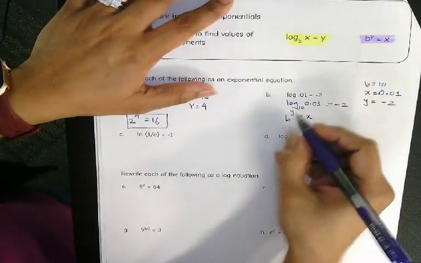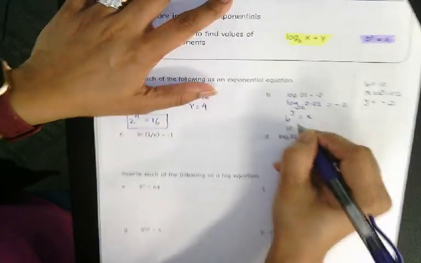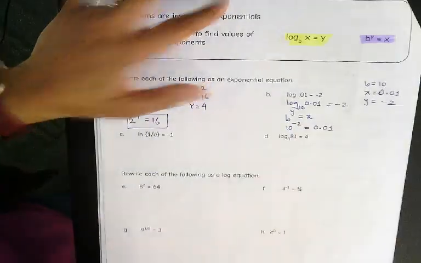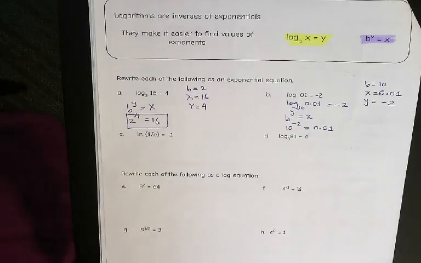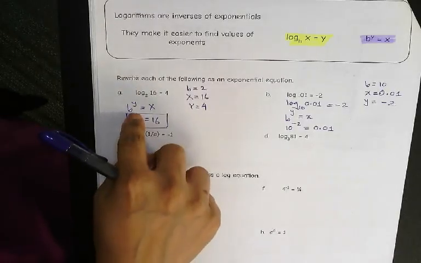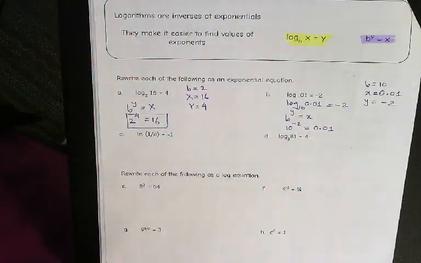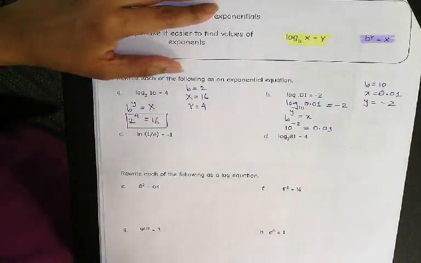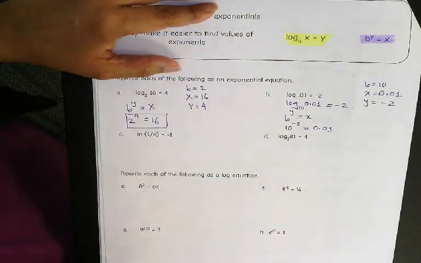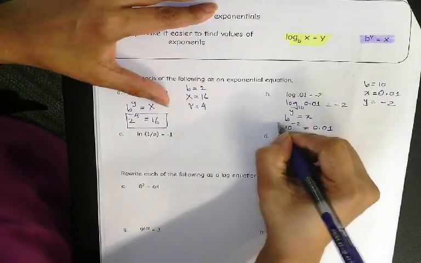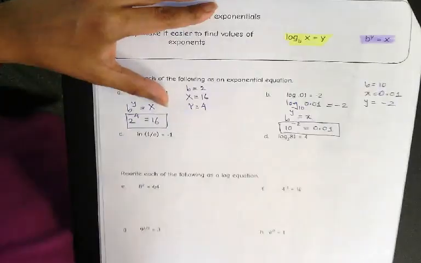Boom, we're done. If you look at it closely, technically these are actually the values. So 2 to the power 4 is technically giving you 16. That's the answer. And 10 to the power negative 2, 1 over 10 squared, which is 1 over 100, which is 0.01. So these are actually your value.